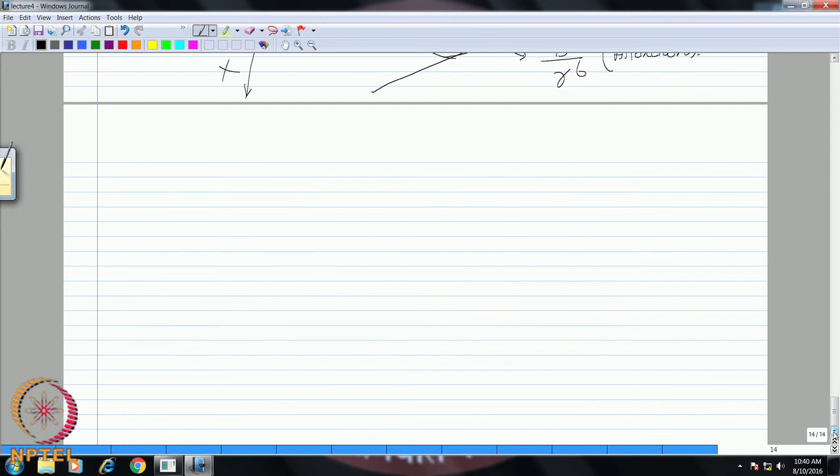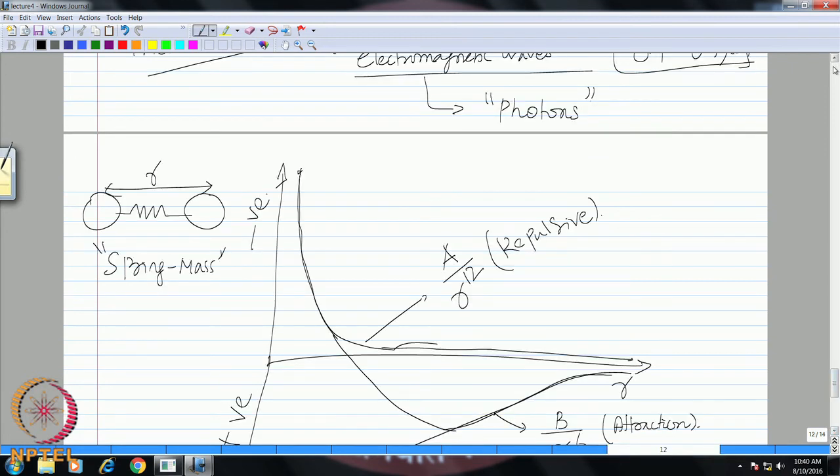The behavior of these two curves is generally approximated this way. So, the overall interatomic potential, at r going to infinity, tends to go to 0 asymptotically. The overall potential between the two atoms is generally written as A by r power 12 minus B by r power 6.